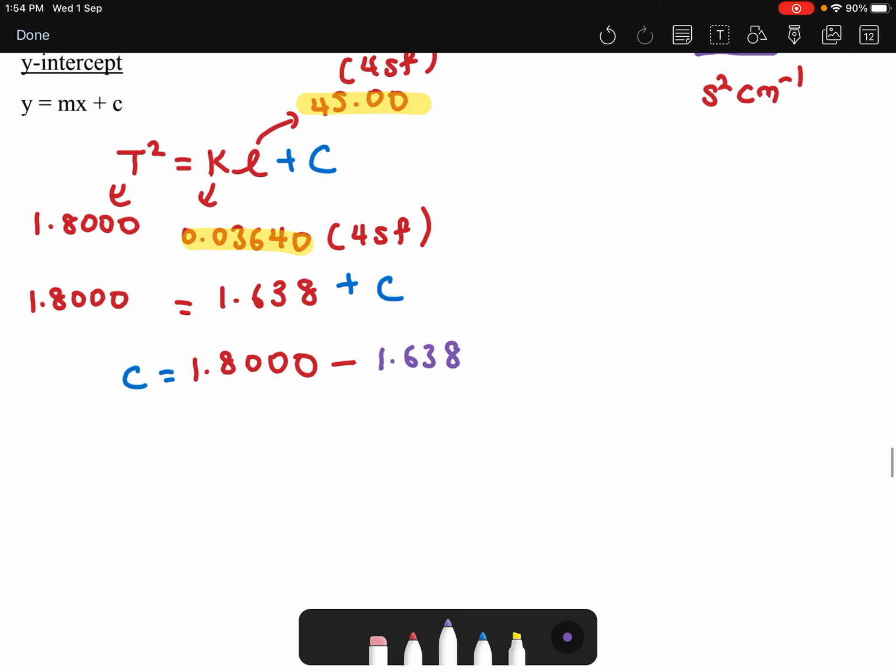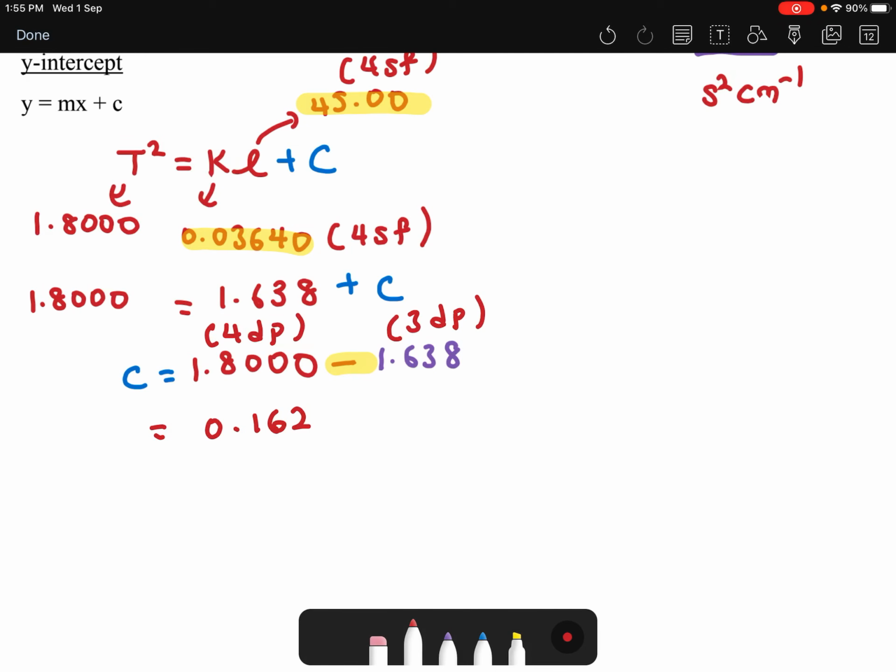This one is minus already, so you must follow the least dp. Let's check the dp first. This will be 4 dp, this will be 3 dp. So of course the answer you must give is 3 dp. So 3 dp is just 0.162. Yeah, so this is how you find your y-intercept.